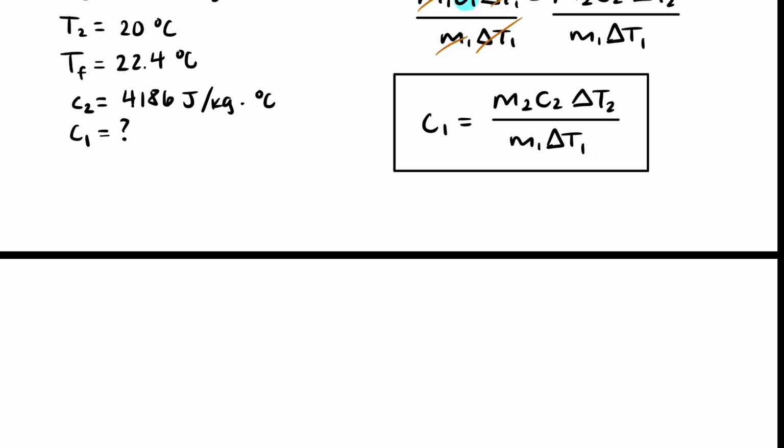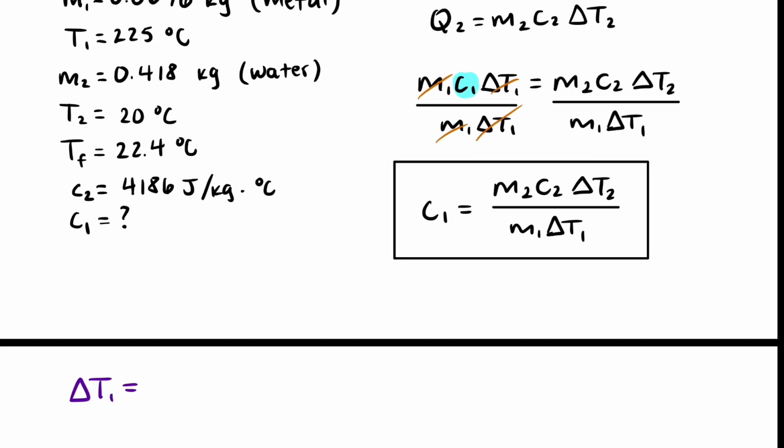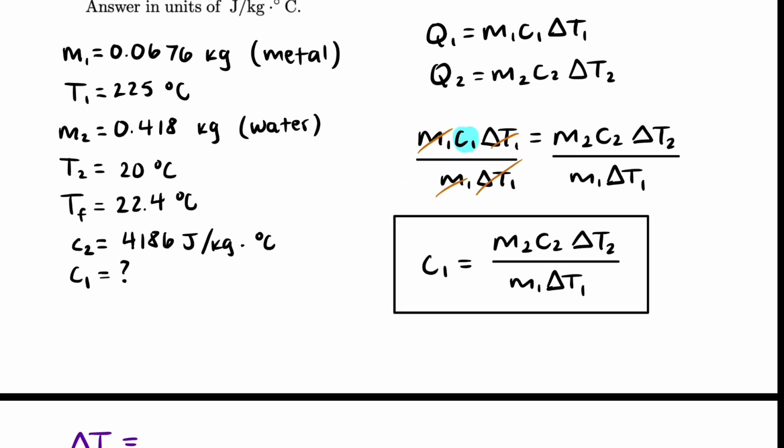Okay? So let's do a quick note over here. Let's go for delta T1, which describes how the temperature of the metal changes. If we go back to the given, we'll see that the initial temperature, T1, is 225 degrees Celsius, and the final temperature of the mixture is 22.4 degrees Celsius.